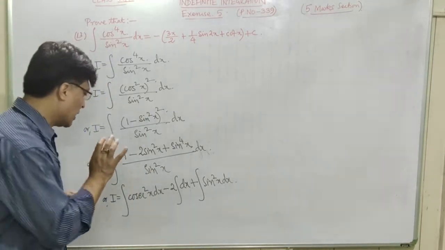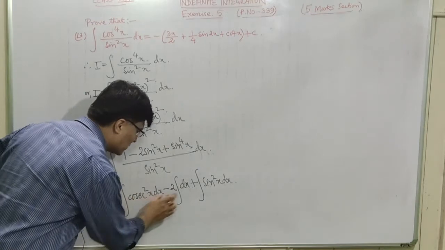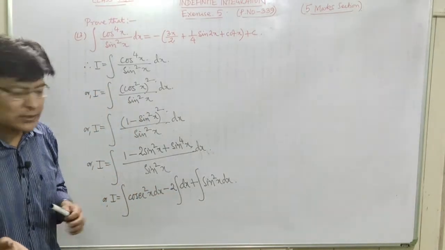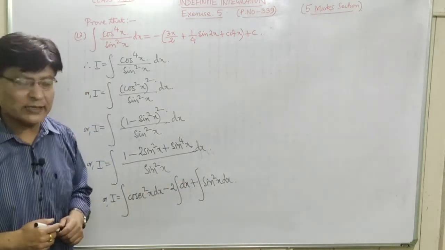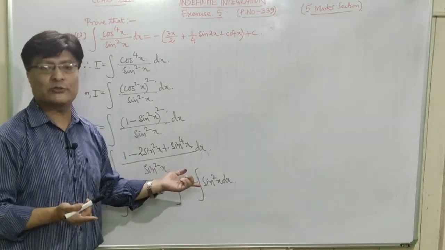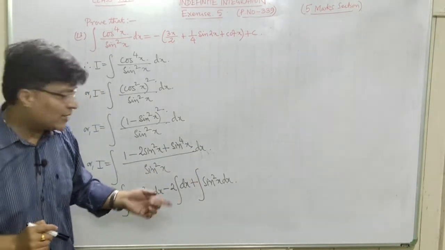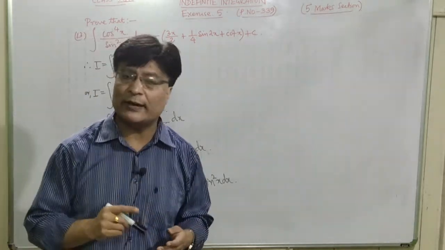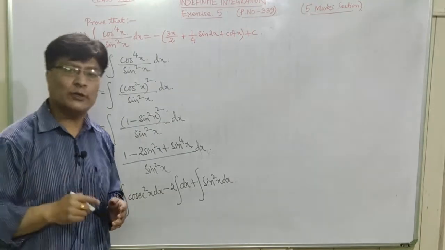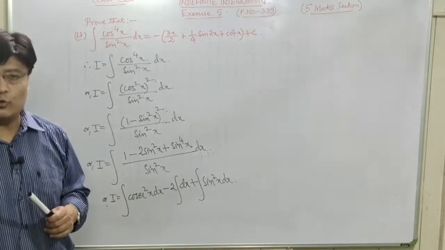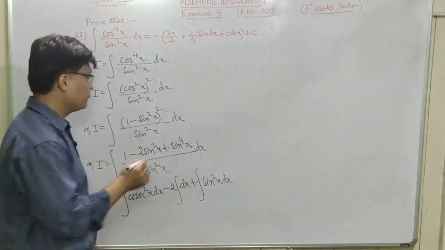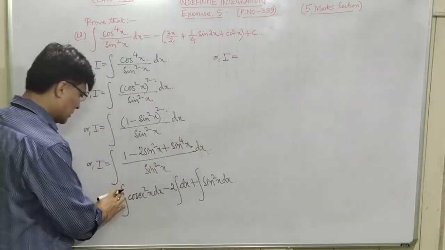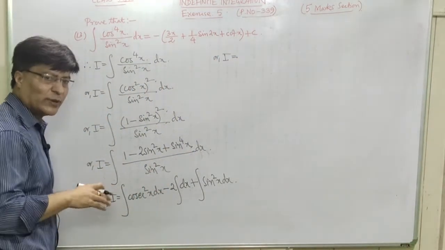So now you can easily integrate these first two functions. There is a formula for integration of cosec²x, there is a formula for integration of dx, but there is no formula for sin²x. So I already told you that whenever you have sin²x or cos²x, you should multiply and divide it by 2, so that you can use the formula of 2 sin²x or 2 cos²x. So I is equal to, what is the integration of cosec²x?